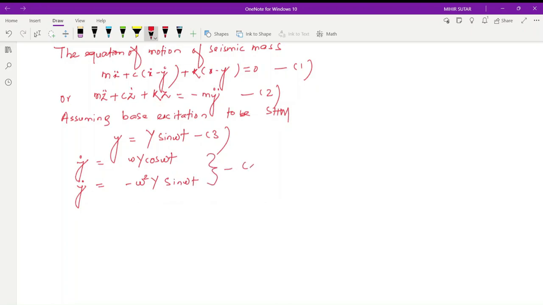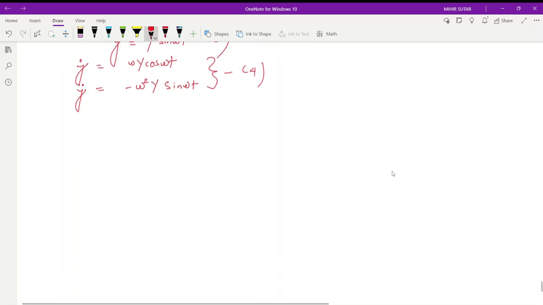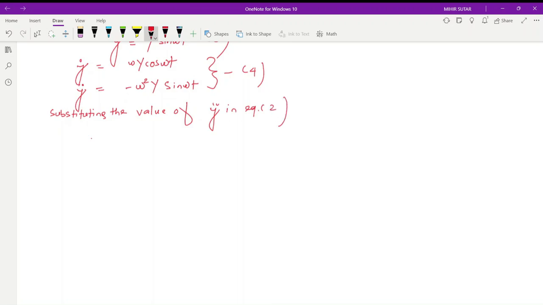Let's say this is equation 4. Now substituting the value of y double dot in equation 2, we'll have m z double dot plus c z dot plus k z equal to m omega square capital Y sine omega t. Let this be equation 5.